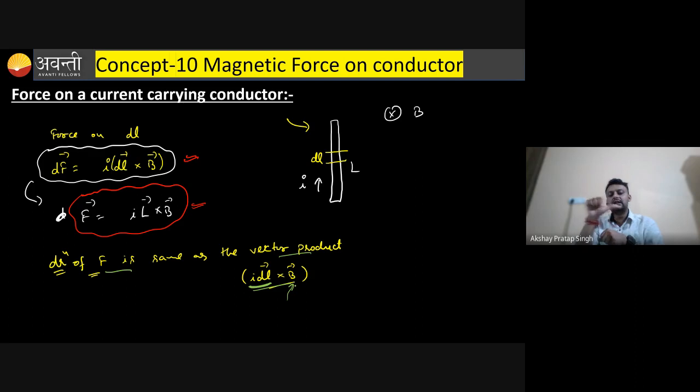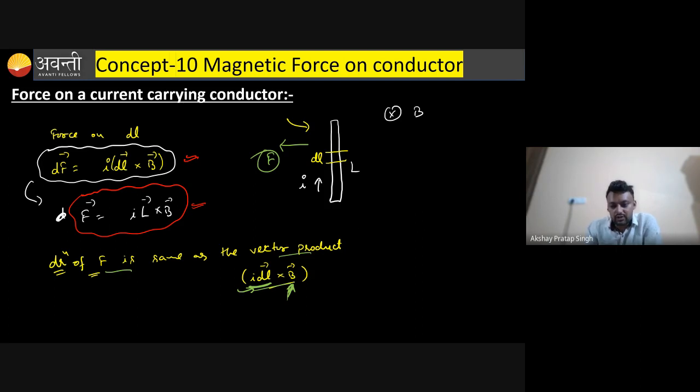So the thumb is going in the left direction from my frame of reference, or you can say the magnetic force will act in this direction. Is the concept clear to you? First, place your right hand fingers according to i dl, then put your palm in the direction of magnetic field and the thumb will indicate the direction of force.